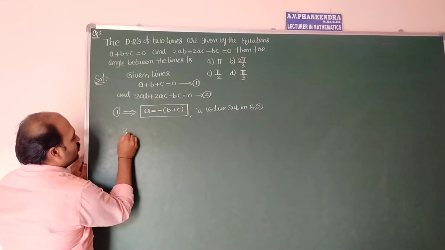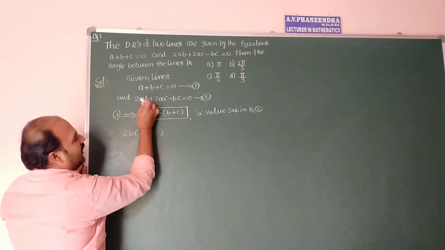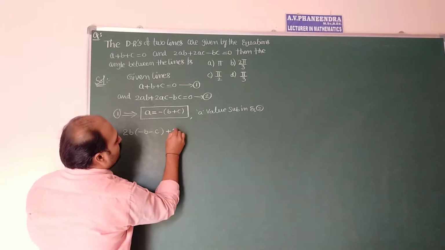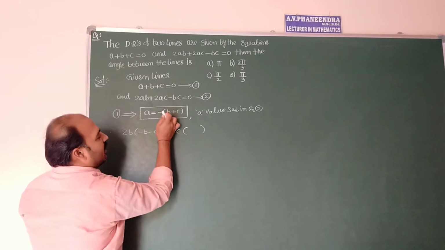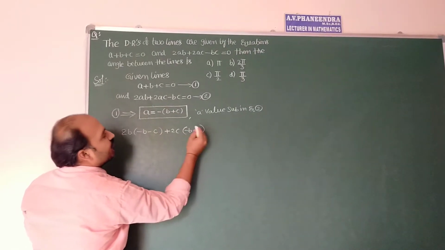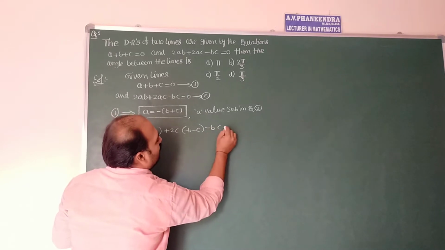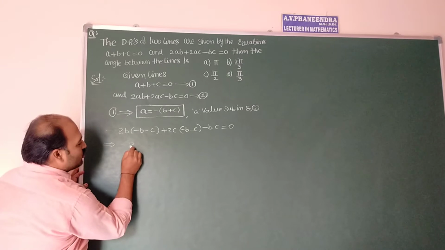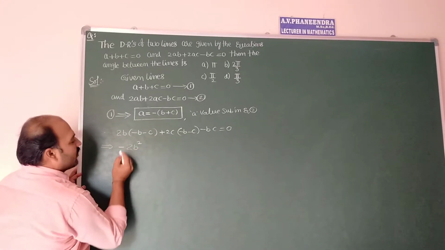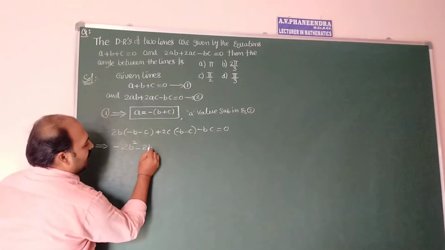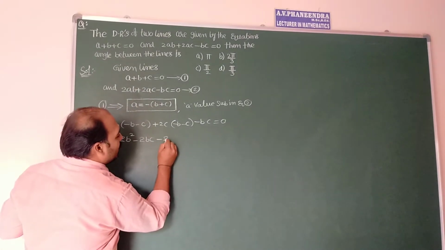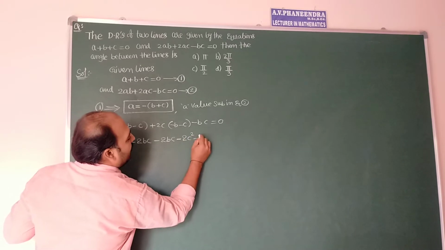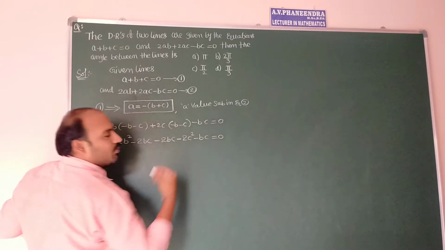Therefore 2b into, in place of a, minus b minus c, plus 2c into, in place of a again, minus b minus c, minus bc equal to 0. So now simplification: minus 2b square minus 2bc minus 2bc minus 2c square minus bc equal to 0.